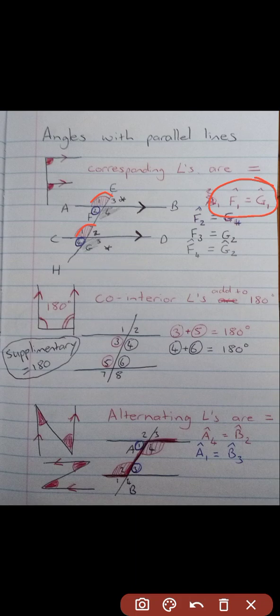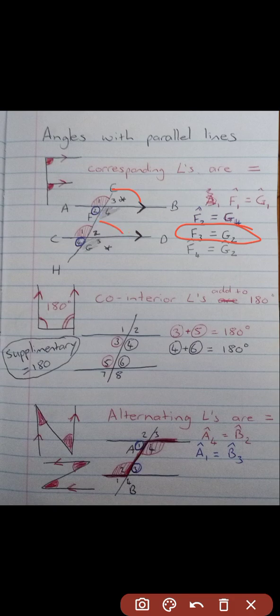Then the other ones we've got here are F2 and G4. So there's F2 and G4, one between the parallel lines and one on the outside. And the next one is F3 and G2, that one there and that one there.